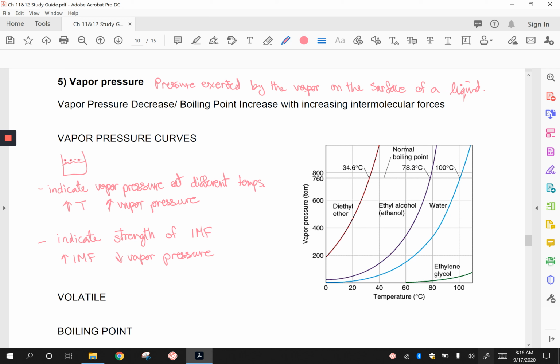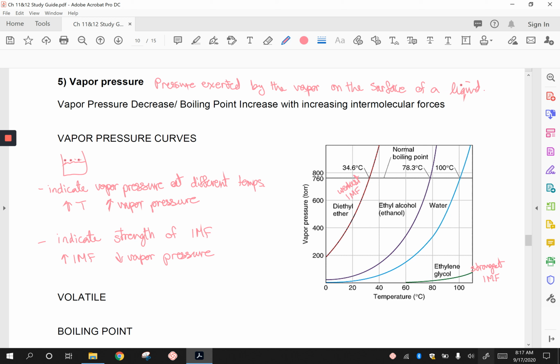So if you look at the curves again, you can tell, looking at these different substances, so we have diethyl ether, ethyl alcohol, which is known as ethanol, water, and then ethylene glycol. And it looks like the one that has the strongest intermolecular forces is the ethylene glycol. And the one that has the weakest intermolecular forces is the diethyl ether.